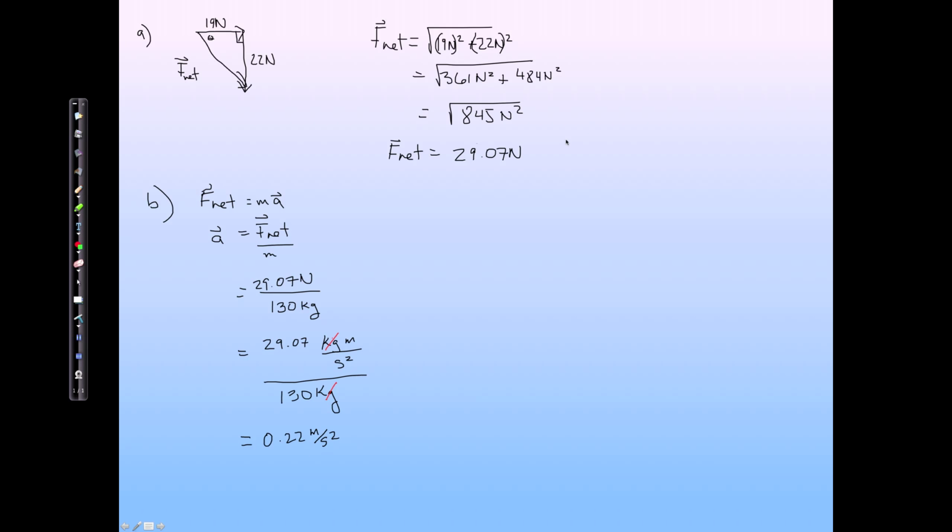If you look at this, because this is a right angle triangle, we can use some trig. And relative to this theta, 22 newtons is the opposite side, 19 newtons is the adjacent side, F net 29.07 newtons is the hypotenuse of this triangle.